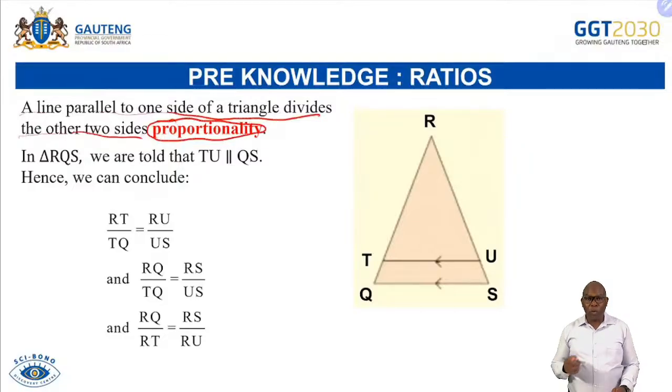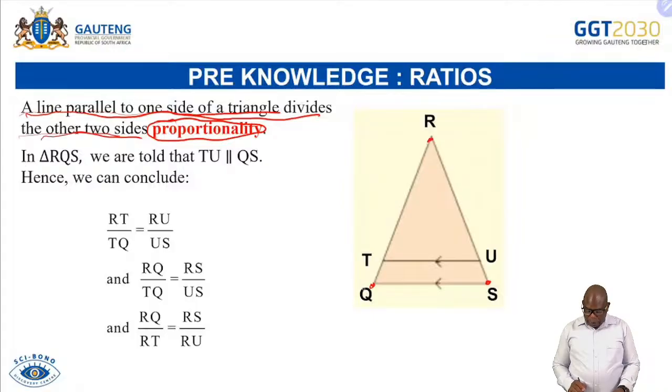Then you'll have to write down proportionality. So a line parallel to one side of a triangle divides the other two sides in the same proportion or proportionality. Agreed. Okay. So in this triangle RQS.